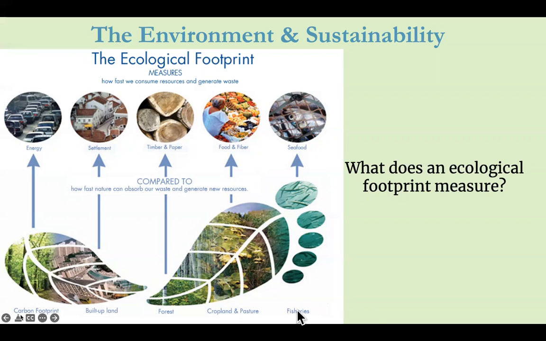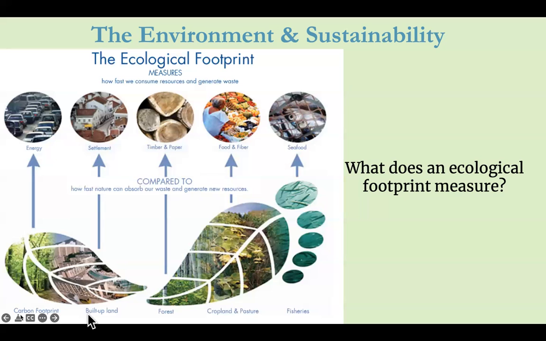So now, if you look at this image that I put on the slide, what it is showing you here on the bottom is from our fisheries, we get seafood. From our cropland and pastures, we get food and fiber, right? We're raising cows so we can eat meat. Forest, we get timber and paper. This has built up land. So basically that's room for us to settle and build cities.